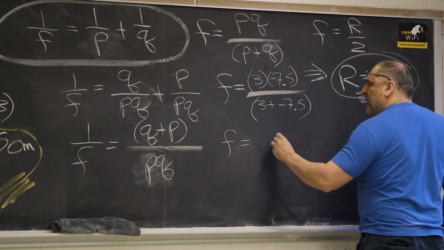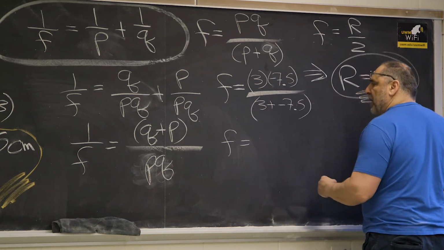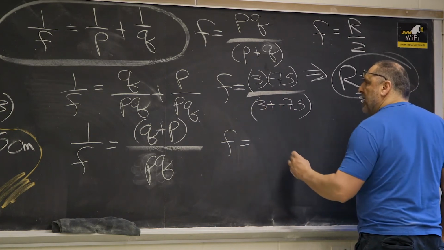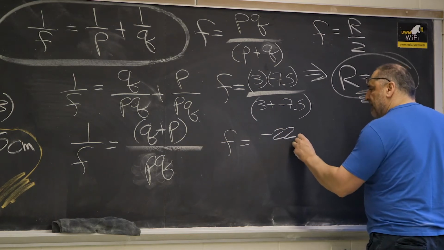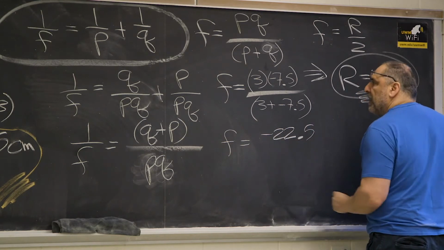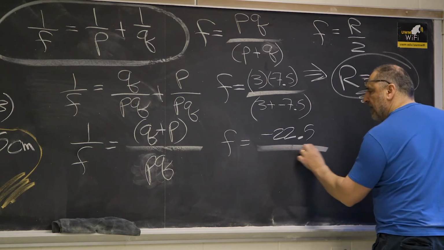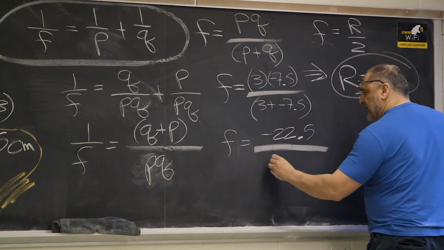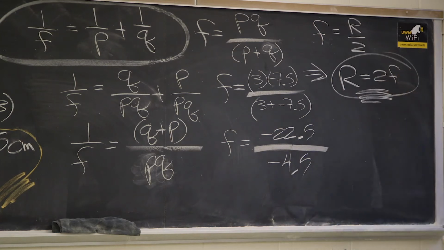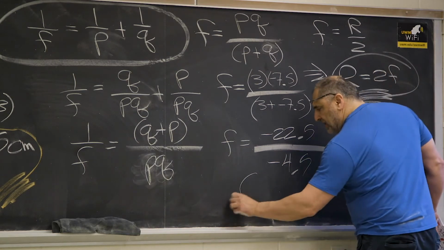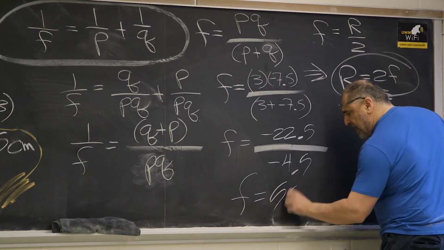That's all it is. Do the multiplication here. Let's just multiply it here and figure out where we are. This should be negative 22.5. Add these two. Looks pretty good. Looks like it's going to come out to straight 5. At the end of the day, that's 5 centimeters.